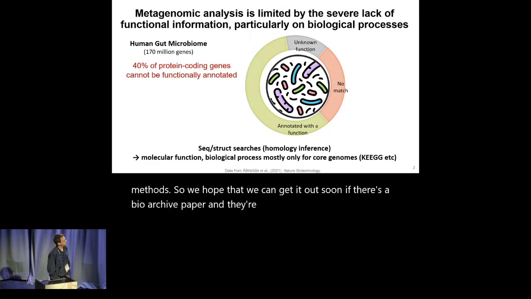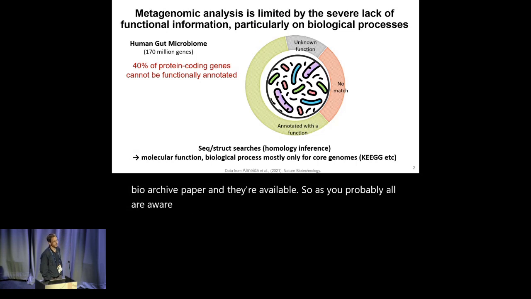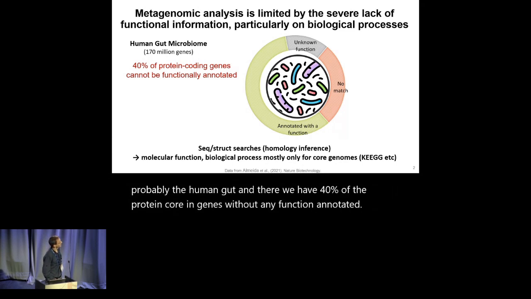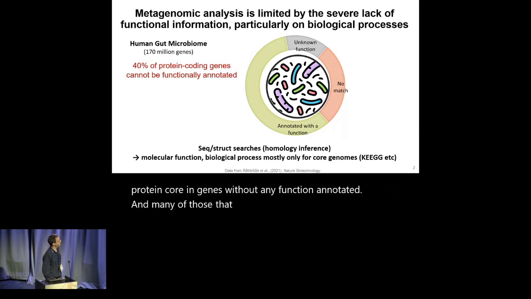As you probably all are aware, we have a severe lack of functional annotation in microbial genomes. The best investigated microbiome is probably the human gut, and there we have 40% of the protein coding genes without any function annotated. Many of those that have functions annotated have them mostly from homology inference.